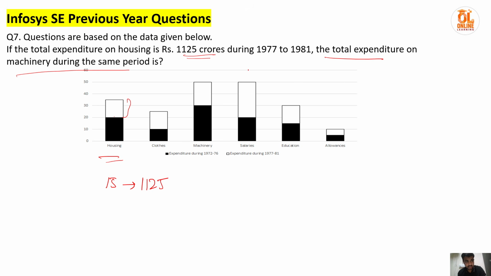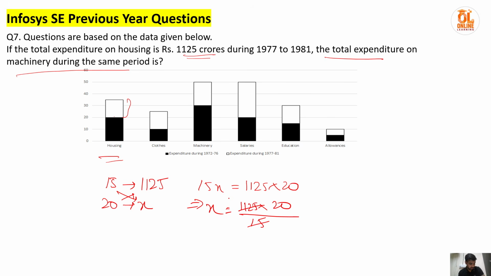Now we have to find the machinery, it is from 30 to around 50, so it is 20. So we have to find the value of 20, so do cross multiply. So 15x is equal to 1125 into 20.